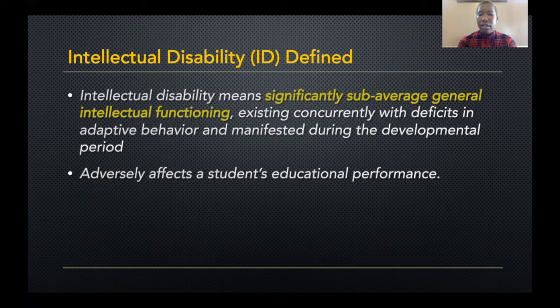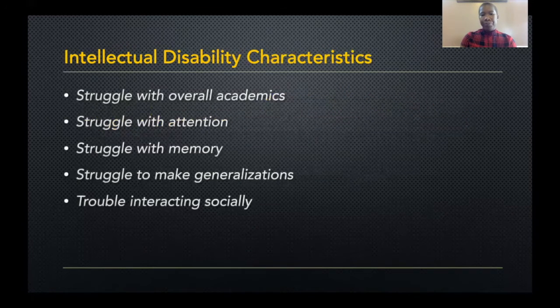So again, their IQ score would be significantly lower than the average, and they would have deficits in adaptive behavior, meaning they would not know how to function in just the general space of society. It adversely affects a student's educational performance.